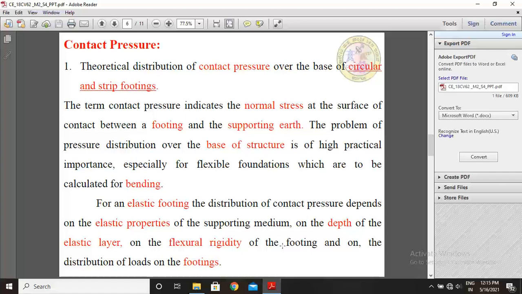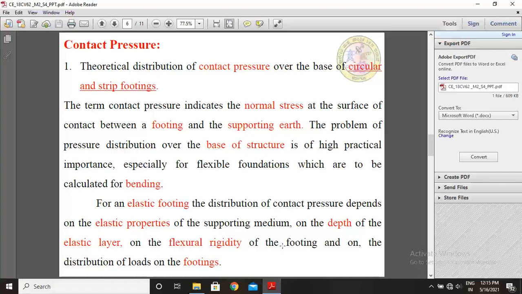In the derivations of the preceding sections, it has been assumed that the footing is flexible and the contact pressure distribution is uniform and equal to Q. Actual footings are not flexible as assumed.